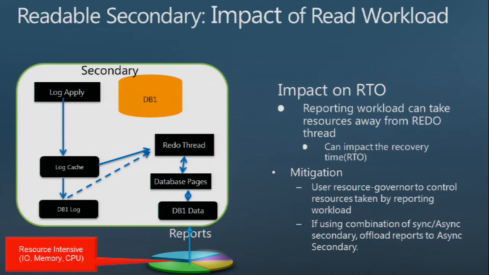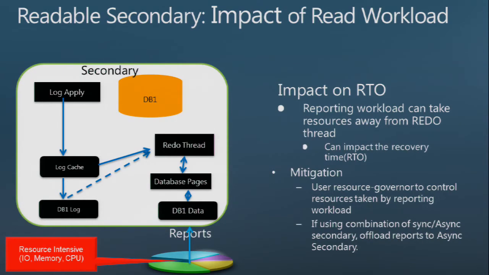So we cannot say take only 60% of IO cycles. However, we can control the CPU usage by this reporting workload. So by giving less CPU to this reporting workload, you can indirectly control how much IO it will consume. So it's an indirect way, not the perfect solution, but it is there.